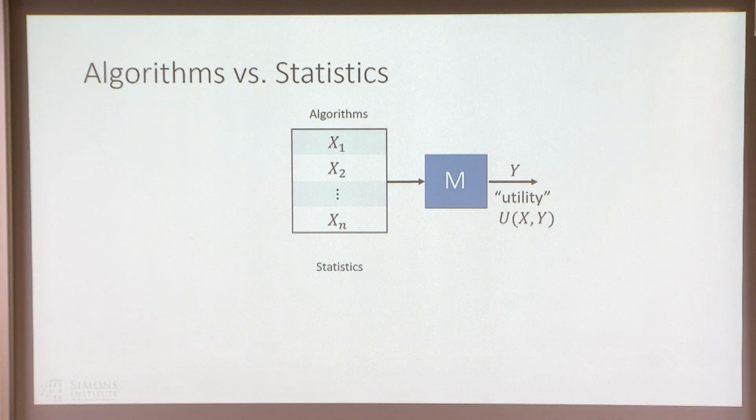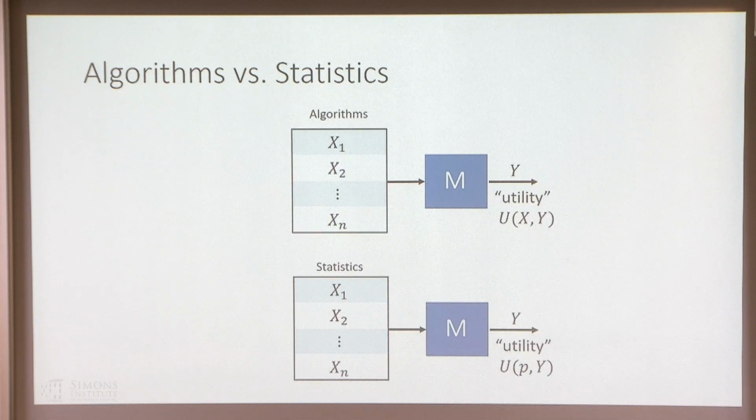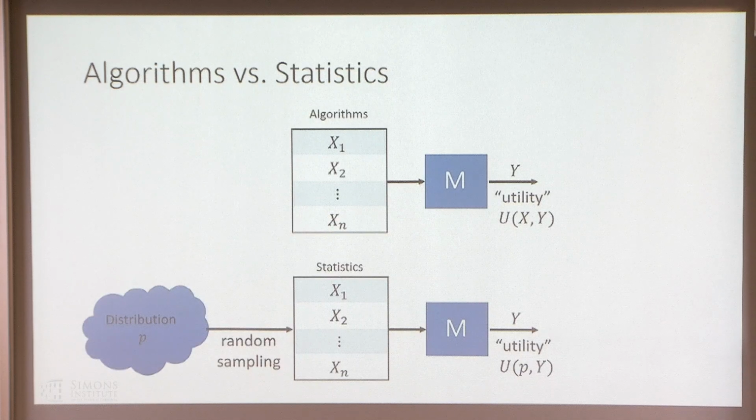However, I usually picture statistics as being a little bit different. So we have the same sort of data. We run an algorithm on the data set, of course. But the target isn't really a utility with respect to the data set. The target is really utility with respect to some unknown sampling distribution. So now the picture is as follows. You have a distribution P, which is unknown.